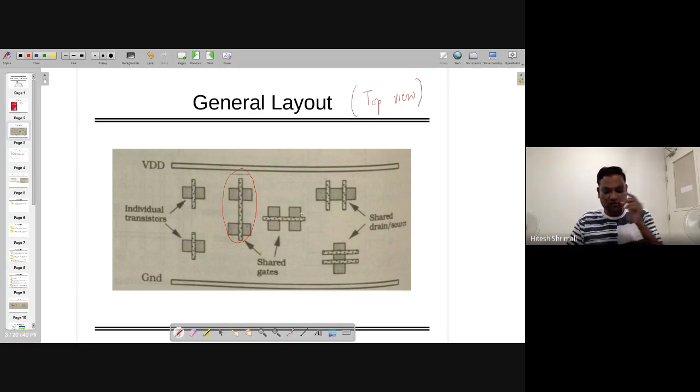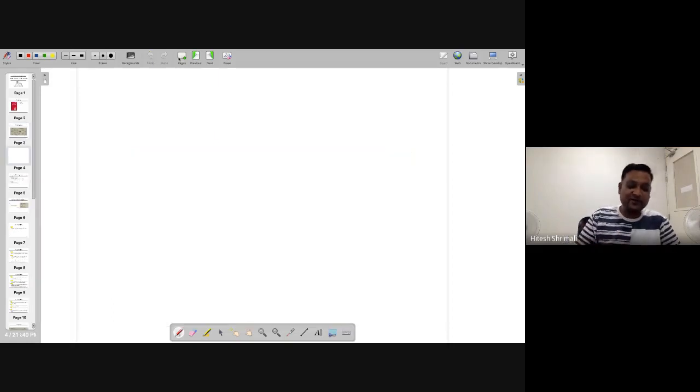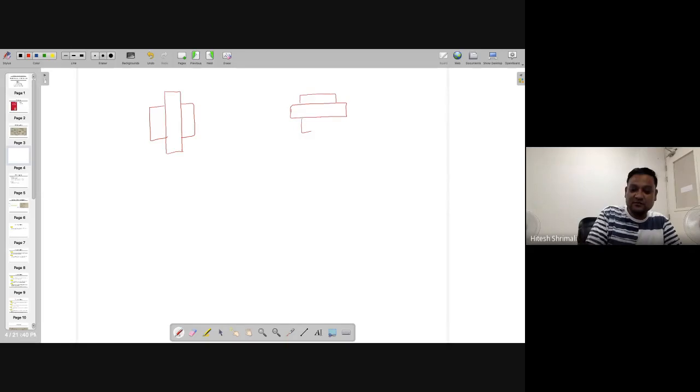Now, the most important part I wanted to tell you from this diagram is that some people sometimes draw this kind of transistor, and sometimes they make this kind of transistor. So both are possible, right? Here this is the gate, this is source drain, this is drain source, this is source drain, this is drain source, and this is the gate. So please do not do such things.